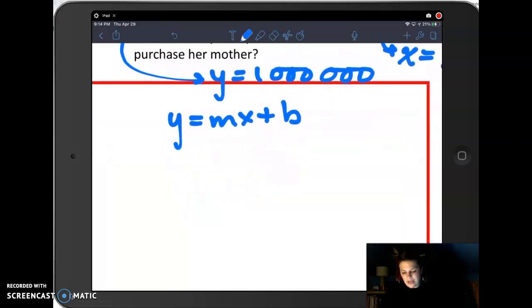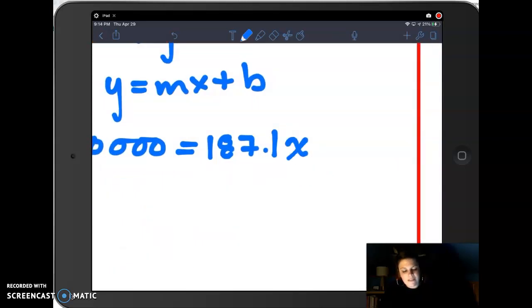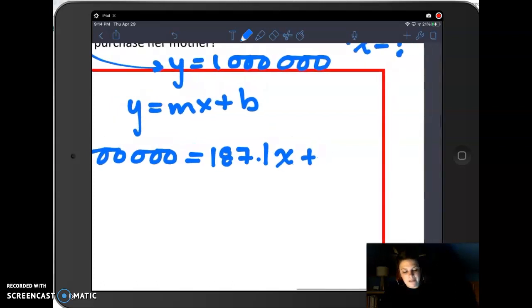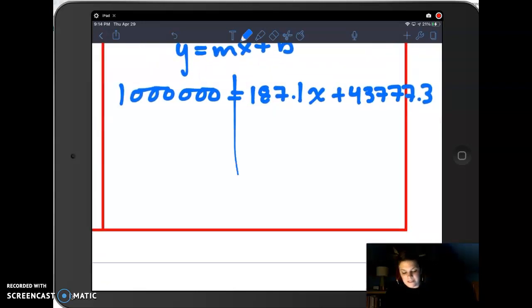So let's do it. We've got $1 million is equal to 187.1. Let me double check I got that right. Yep. X is what we don't know. And then plus the cost of an empty lot. There we go. And now we just need to solve for this.